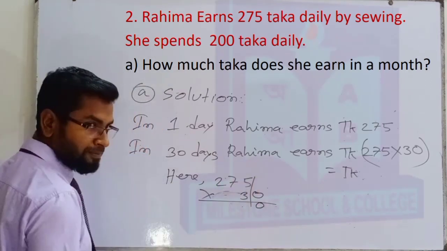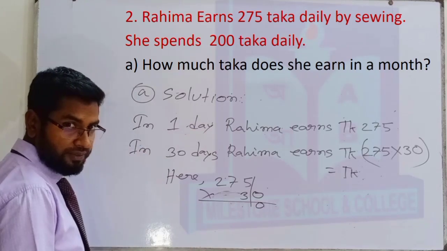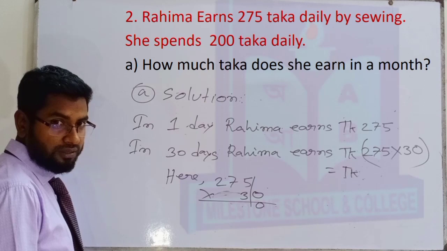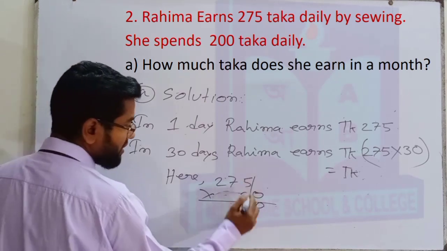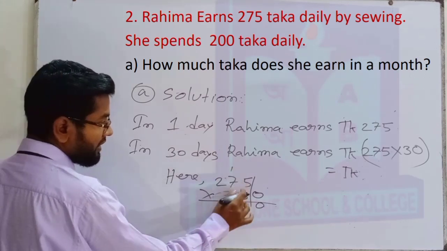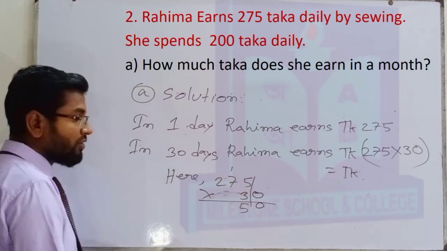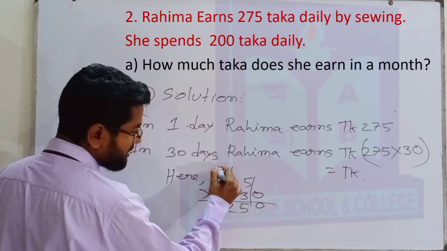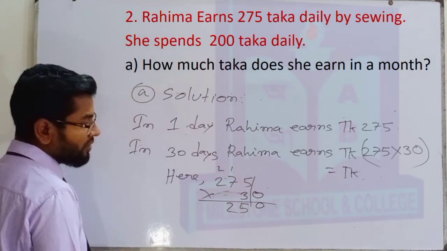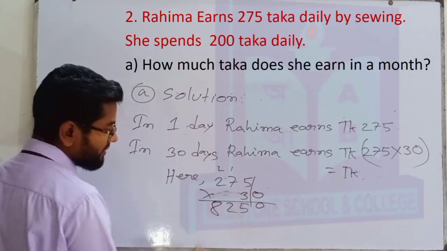3 5s, tell me what will it be? 3 5s are 15. 1 is carrying. 3 7s are 21 and 1, 22. 2 is carrying. 3 2s are 6 and 2, 8.